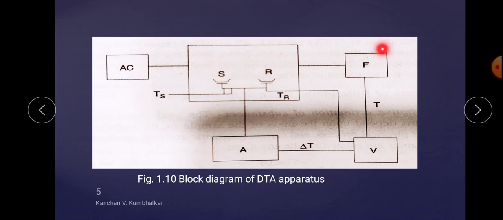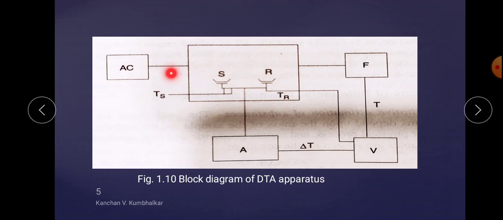The block shown as F is a furnace which supplies the temperature. S is the sample, and this is the sample container or sample holder, and in the same atmosphere, in the same chamber, a reference compound is also taken.